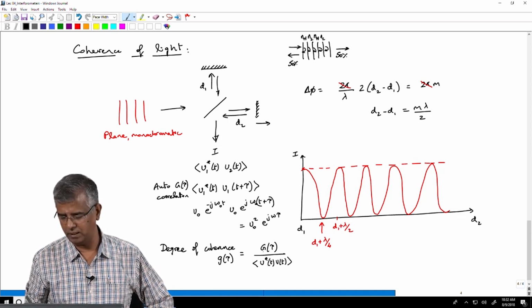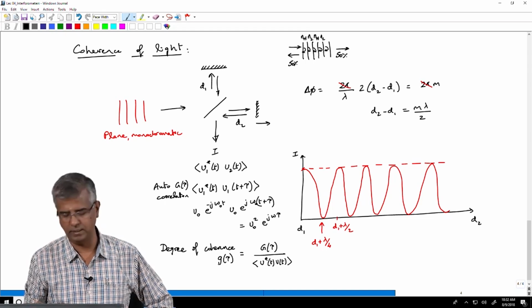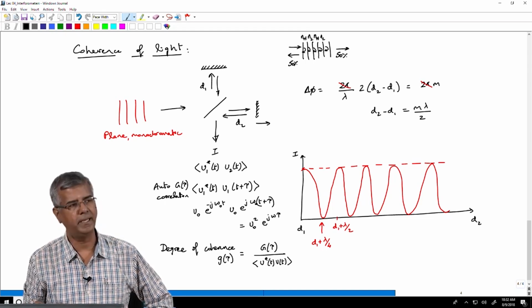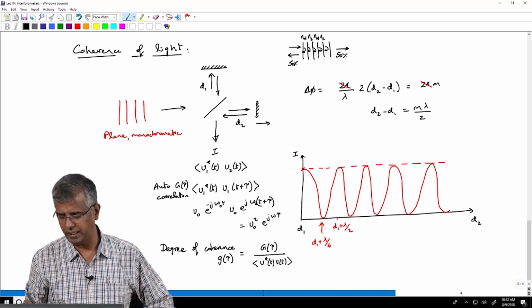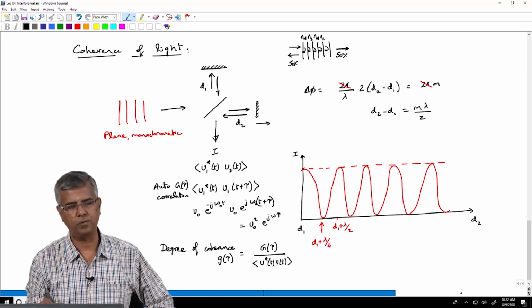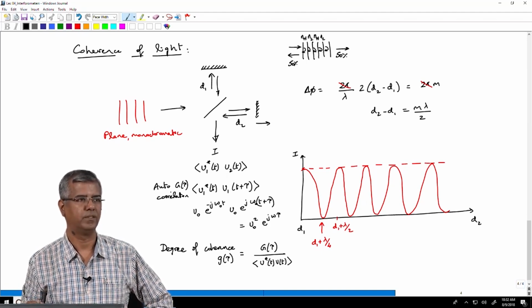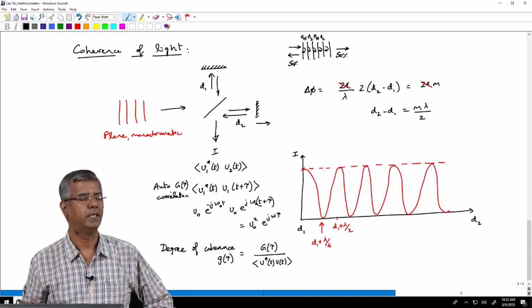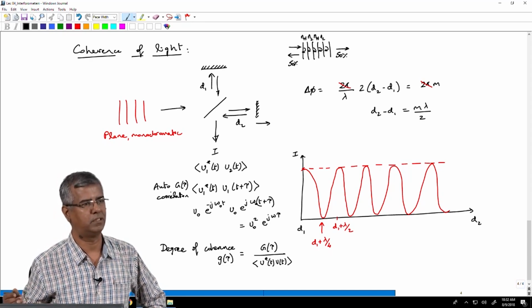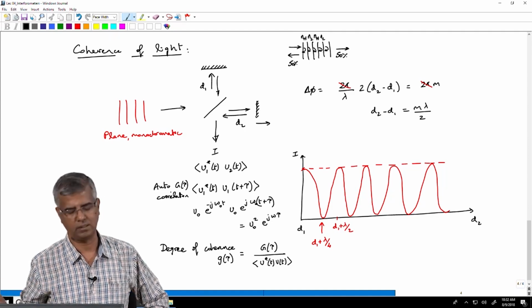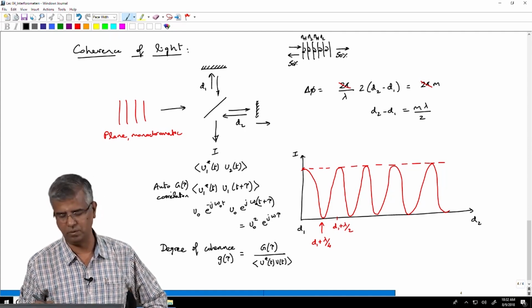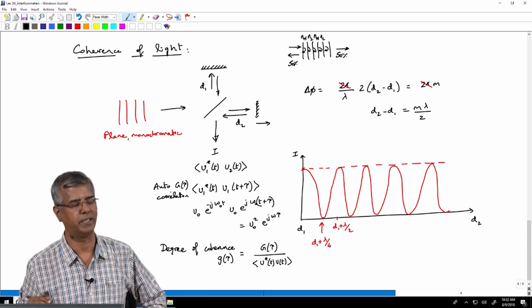So, in defining the degree of coherence, we are taking this G of tau, which we call the temporal coherence function, and we are normalizing it with the intensity. So, g of tau is now a normalized coherence representation, what we call the degree of coherence.